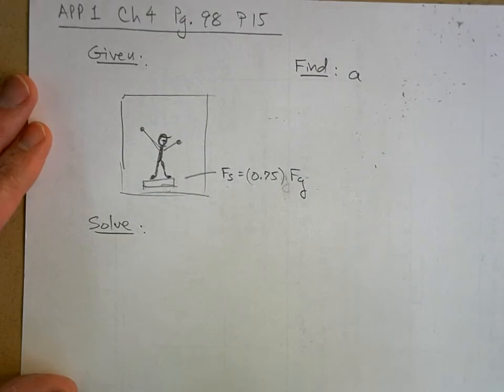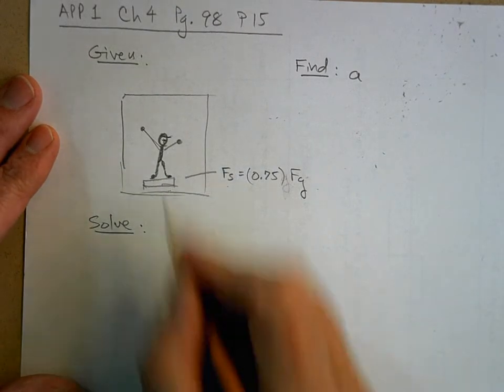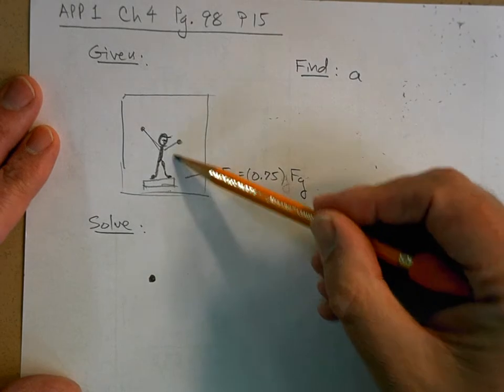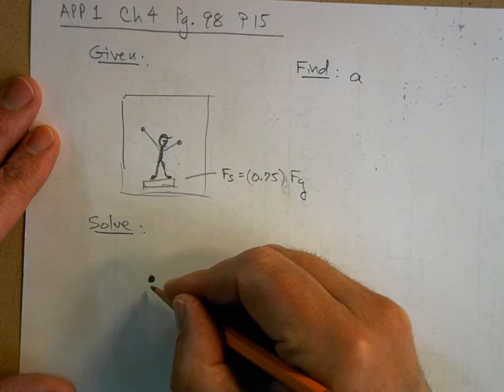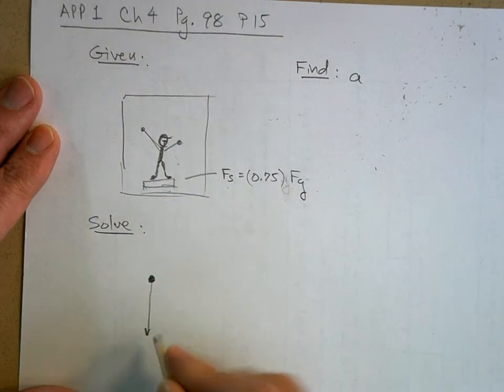All right, so let's do this. What I'm going to do is just draw a picture of the person, but I'm going to draw the person as a dot because it took me a long time to draw that. All right, so what forces are acting on this person? Well, Earth is pulling down with the force of gravity.